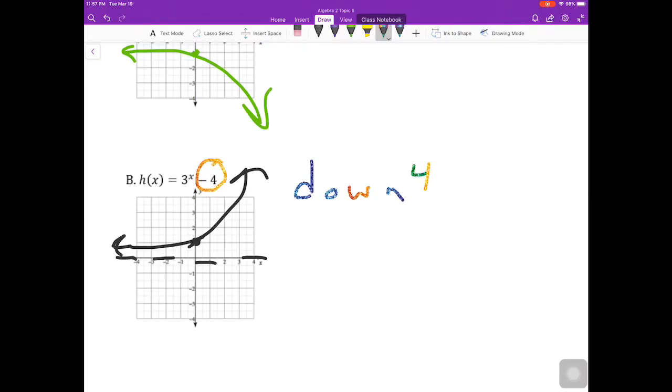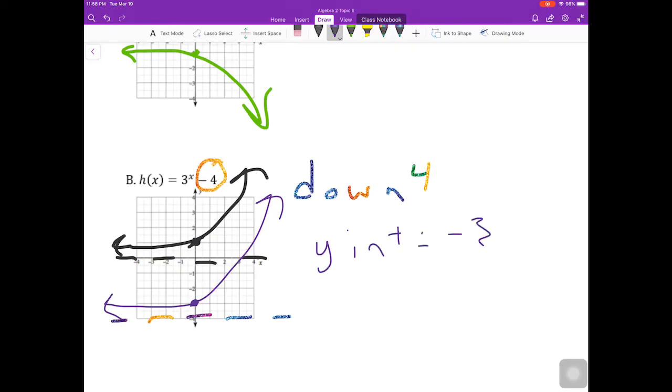That means our asymptote goes down 4, and our y-intercept goes down 4. So we're going to be right there at -3. And then the shape looks exactly the same. It's just shifted down. So in this one, our y-intercept is going to be -3, because we're going to take that a and subtract what's out there on the end.